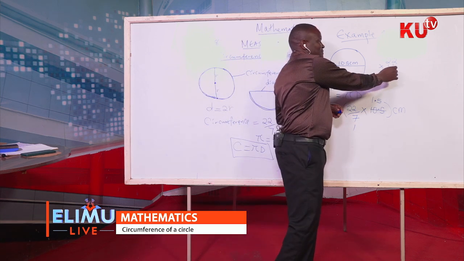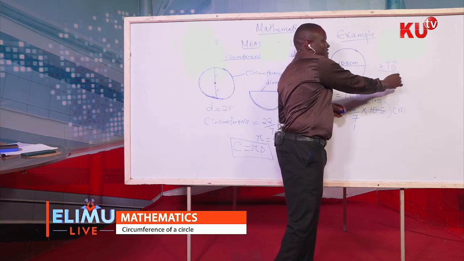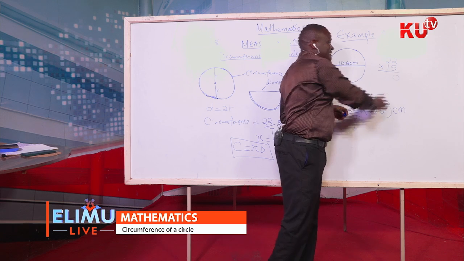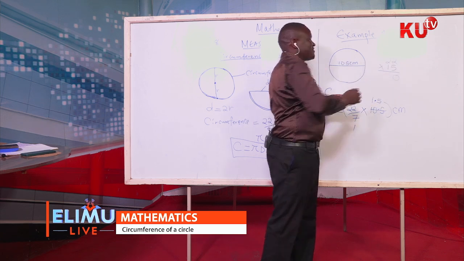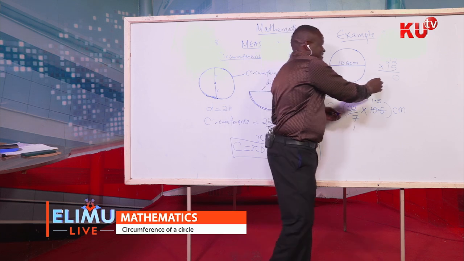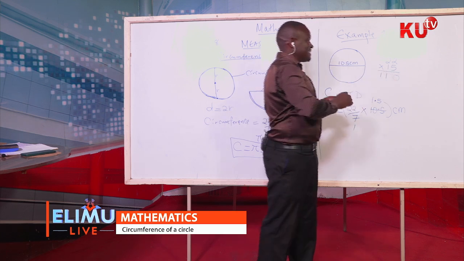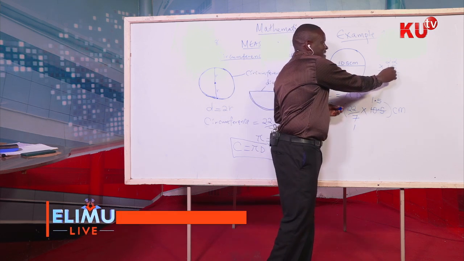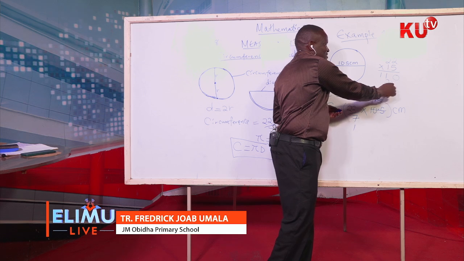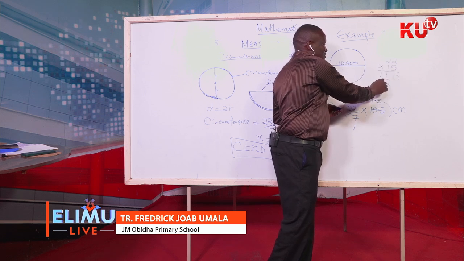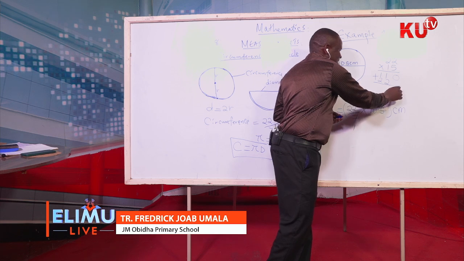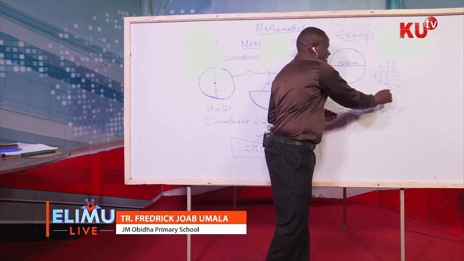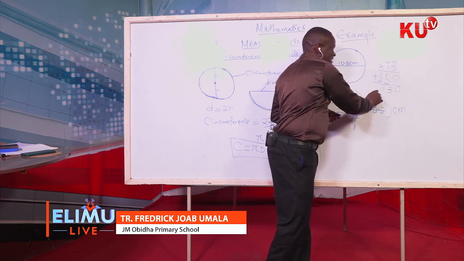So let's start. 2 times 5, 10. We carry 1. 2 times 5 is 10, plus 1, 11. Then 1 times 2 will be 2. 1 times 2 will be 2. We add them. 0, 3, 3.